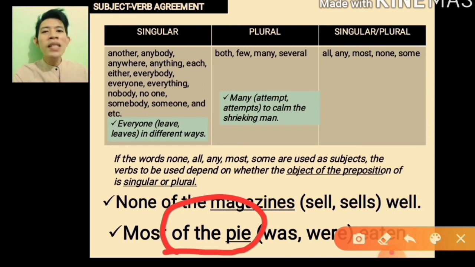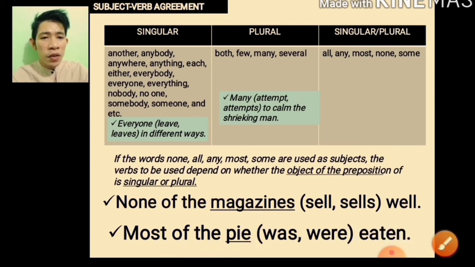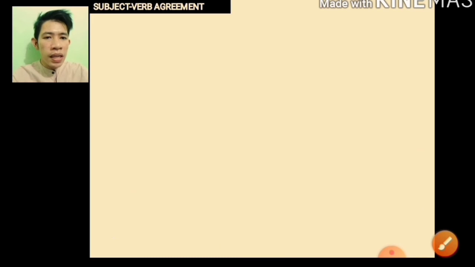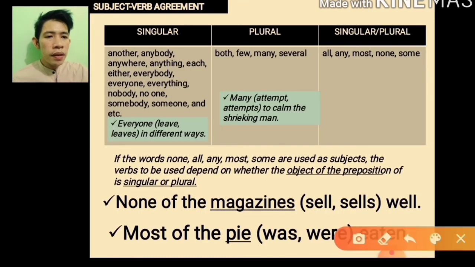Now, where is our object of the preposition? That is pie. Diba? Yan yung pie natin. That is pie, the object of the preposition because we start with the of preposition. Since the word pie is singular, so the verb that we'll be using is singular as well. Tama? So the verb here is was.